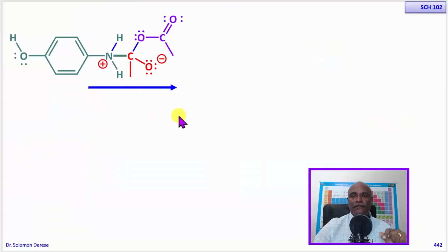So this is what we have. You remember, our focus is to form paracetamol and acetic acid. In paracetamol, we have a carbon-oxygen double bond here. There is a double bond between this carbon and this oxygen. So that carbon-oxygen double bond must be formed.